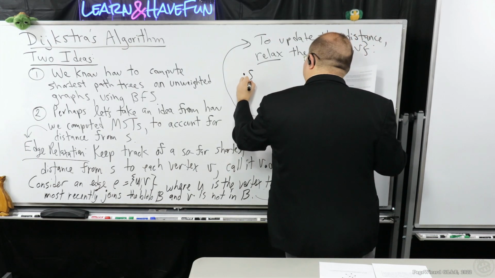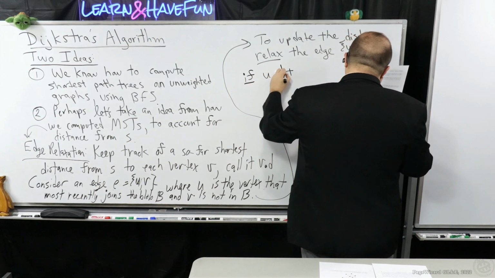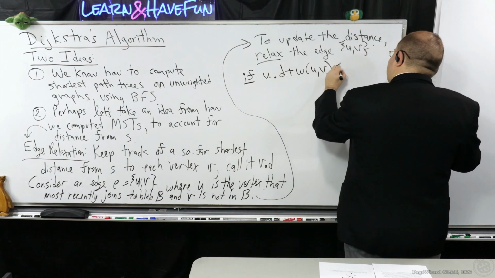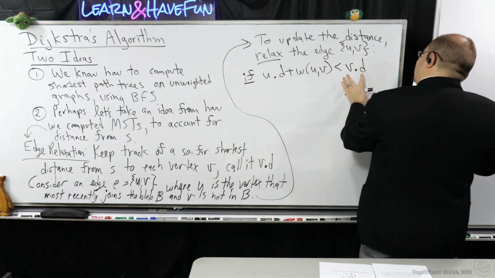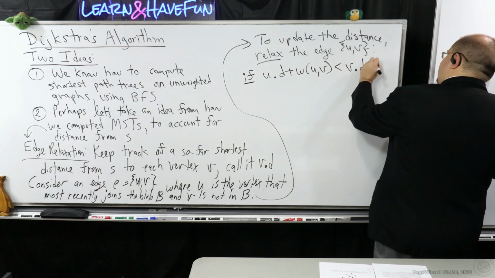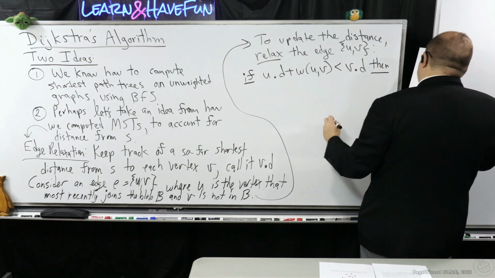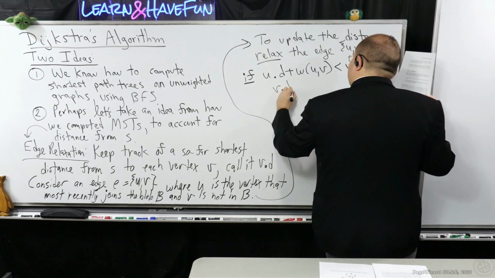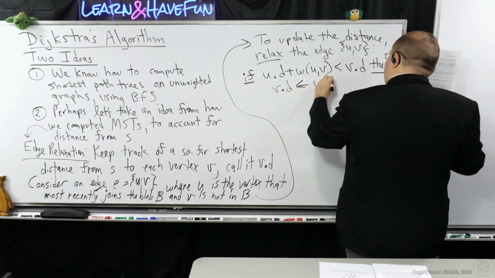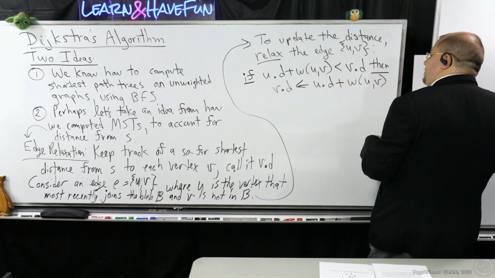If u.d plus the weight from u to v, this edge, is less than currently the best distance we have for vertex v from S, then we're going to relax the edge. Relaxing the edge is simply where we update d for v such that it's just going to be u.d plus the weight of this new edge that I've encountered.